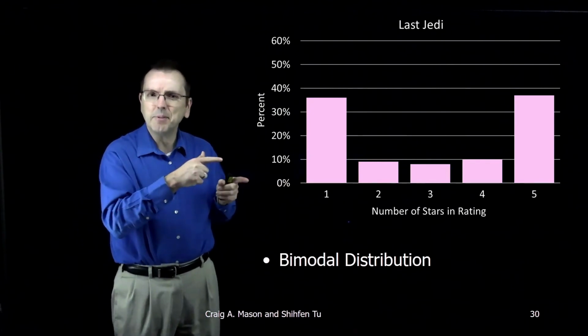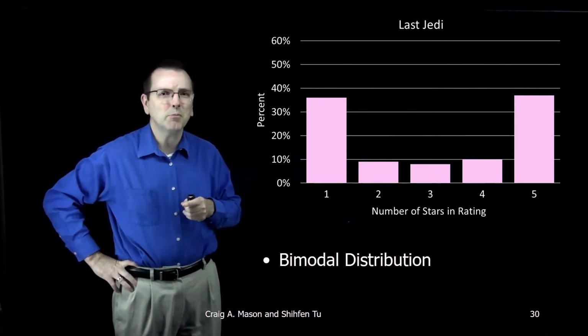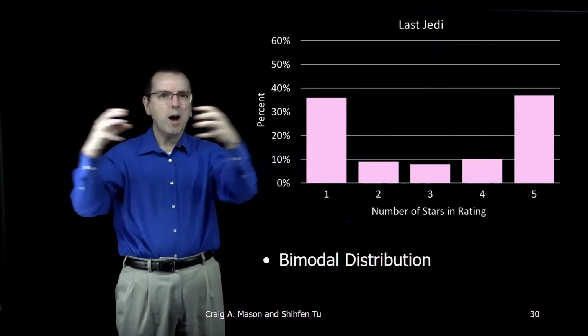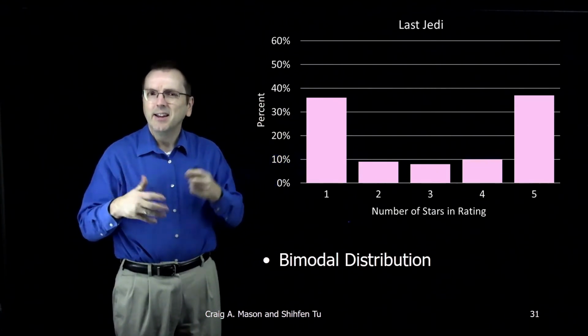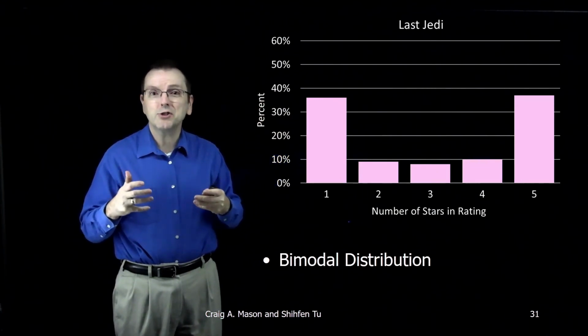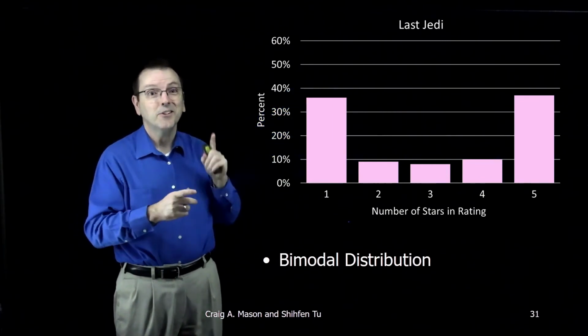You see this type of distribution and you start to think that maybe it's not so much a wide range of varying opinions. Instead, maybe it's really just two groups. You love it or you hate it.